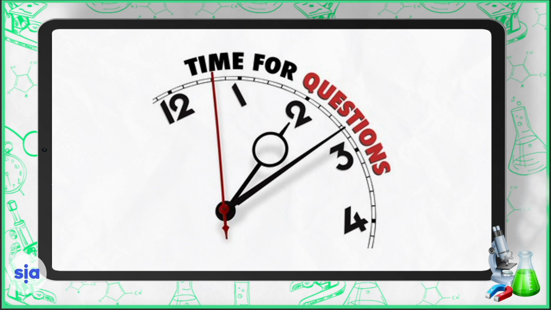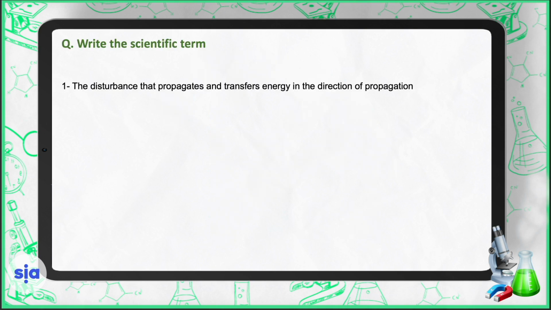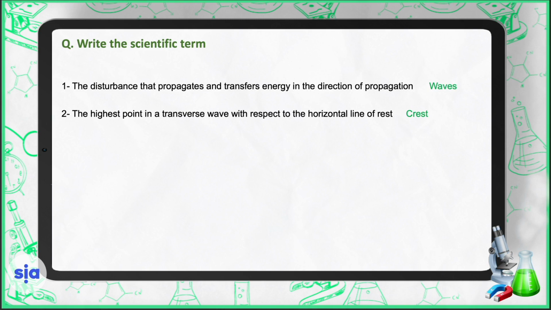Now it's time for questions. Write the scientific term: the disturbance that propagates and transfers energy in the direction of propagation. Waves. The highest point in a transverse wave with respect to the horizontal line of rest. Crest.